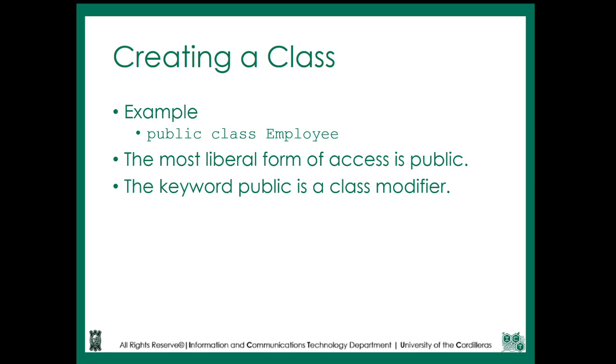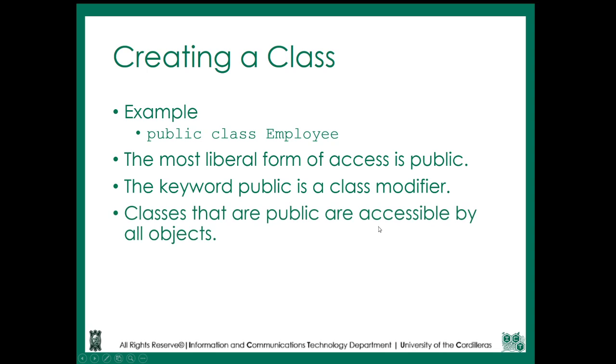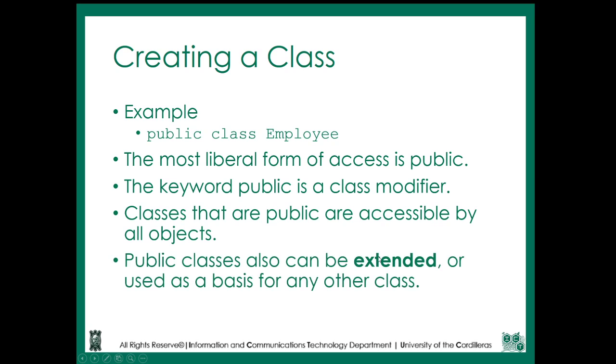When I say package, imagine this: you have a single application, and one application can contain several classes. And for each class, you can control and access them and inherit the attributes of those classes. So the keyword public is a class modifier, and classes that are public are accessible by all objects.